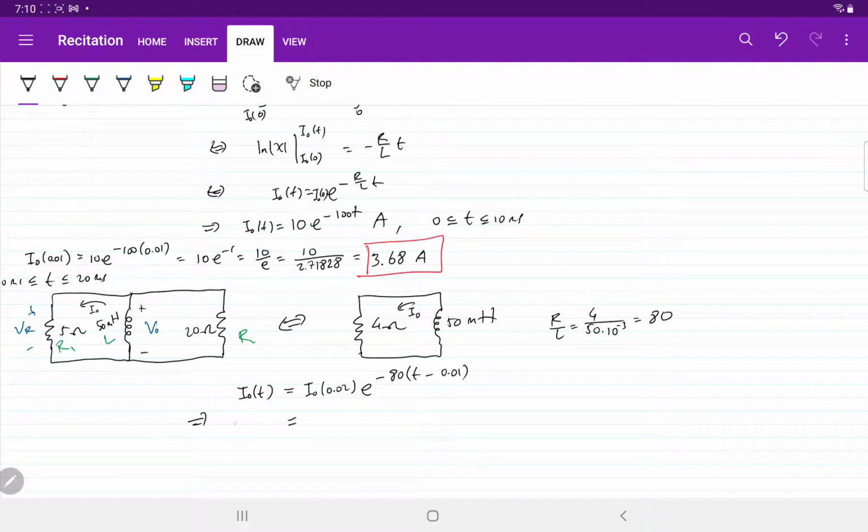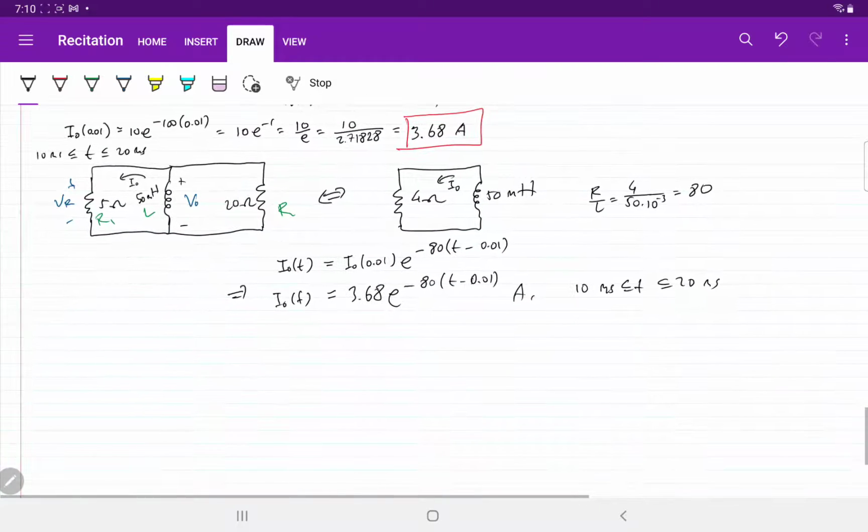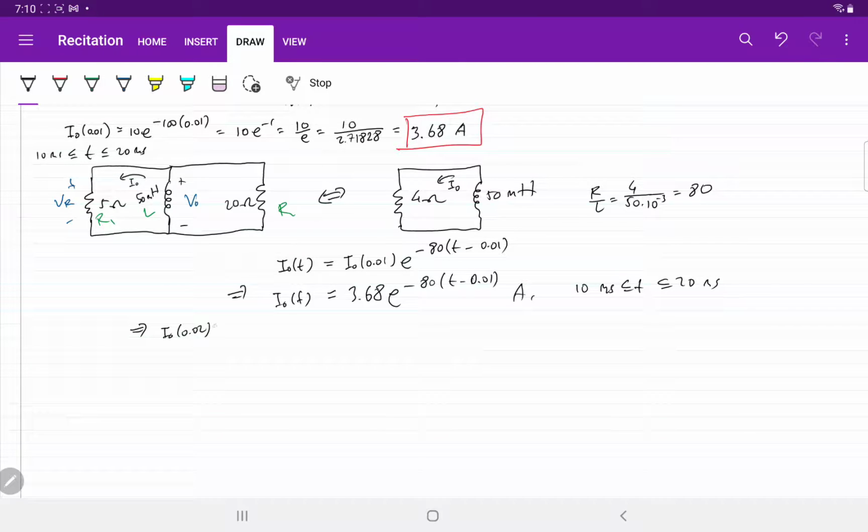So I0 of t is 3.68, sorry, this should be at 0.01 or 10 milliseconds, so 3.68 e to the power minus 80 (t minus 0.01) amperes for t from 10 millisecond to 20 millisecond. So what is I0 at 20 milliseconds?